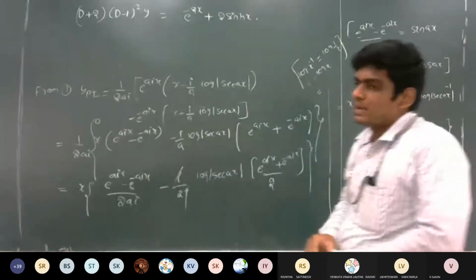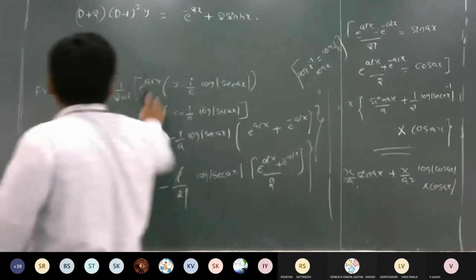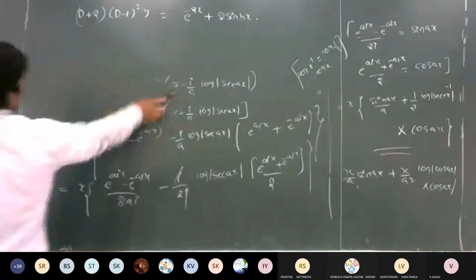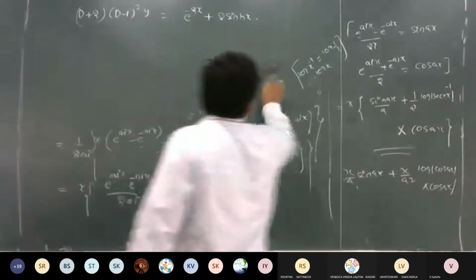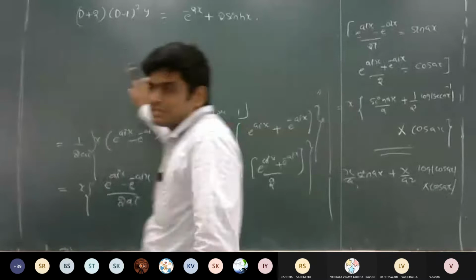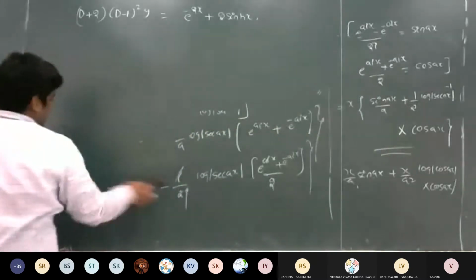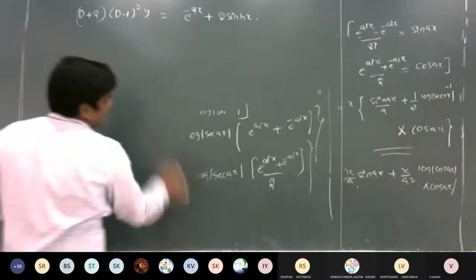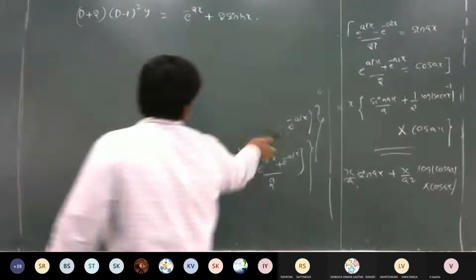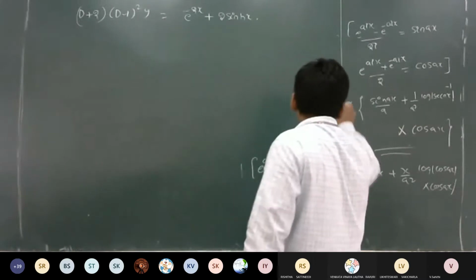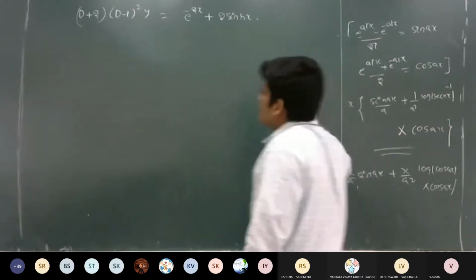So, as per our discussion, there is no type for solving the trigonometric functions. That is, if Q of x is a hyperbolic function, there is no type.